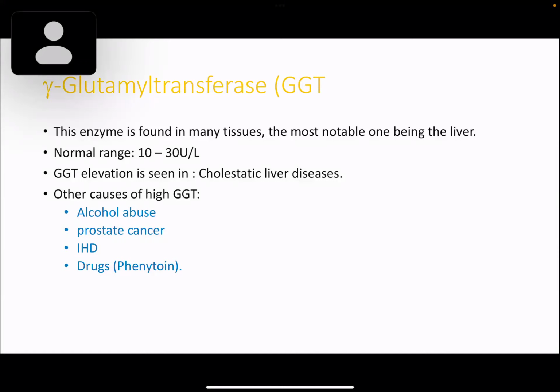But having elevation of both GGT and alkaline phosphatase is significant and usually indicates liver disease. Having only elevation of GGT with normal alkaline phosphatase increases suspicion of a non-hepatic cause of GGT elevation.